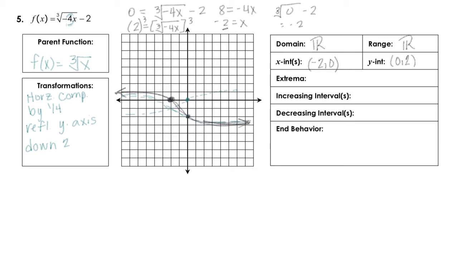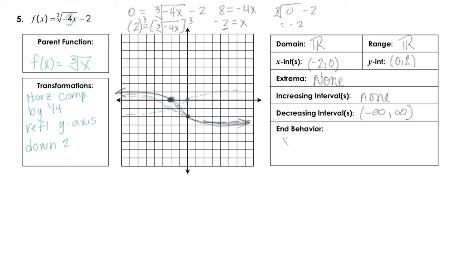And then as far as our extrema, we don't have one particular point that is the lowest or highest here. We don't have that over the entire domain. Increasing, none. And then decreasing, notice this is decreasing from negative infinity to positive infinity.